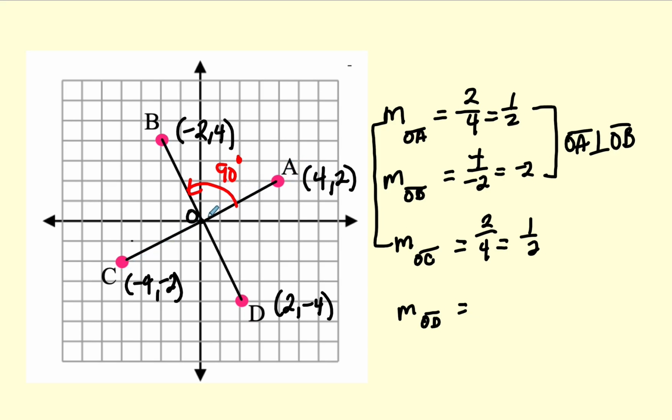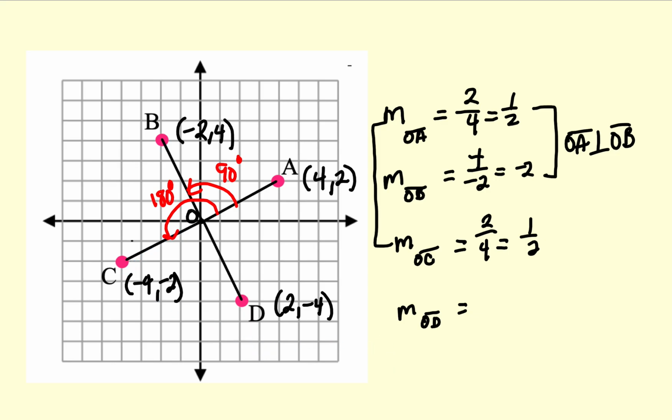So A, O, and C are all collinear. They're all in the same line, which tells me something about the rotation. So for A to go all the way to C, that had to be 180 degrees. It's on the same line.